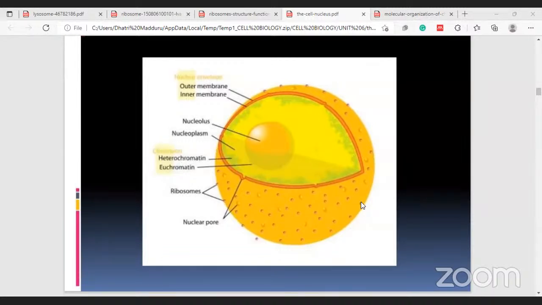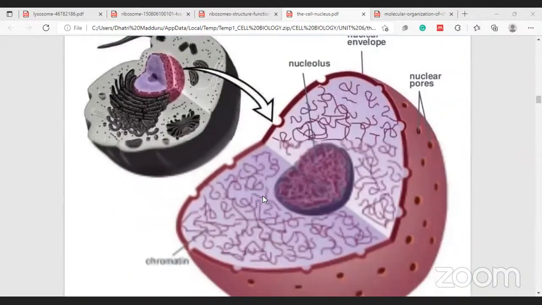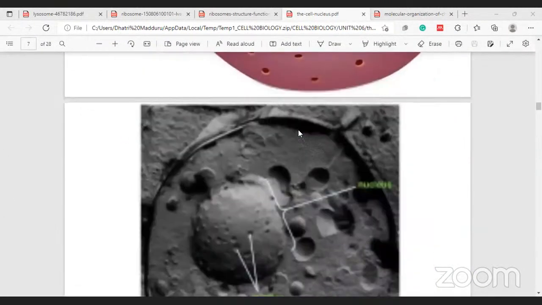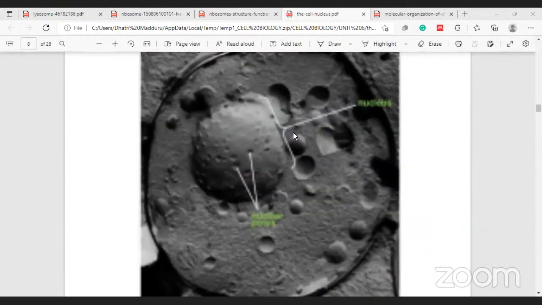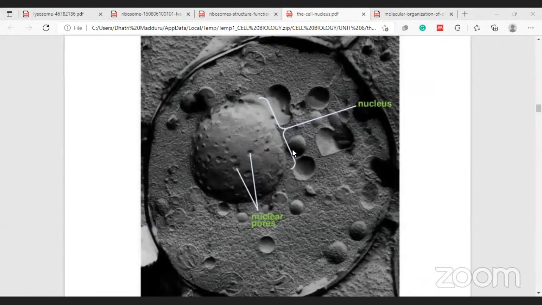Euchromatin means true chromatin, and heterochromatin is darkly stained and tightly packed. Above that, they are associated with some ribosomes, and nuclear pores are present. This is how it looks under the microscope.